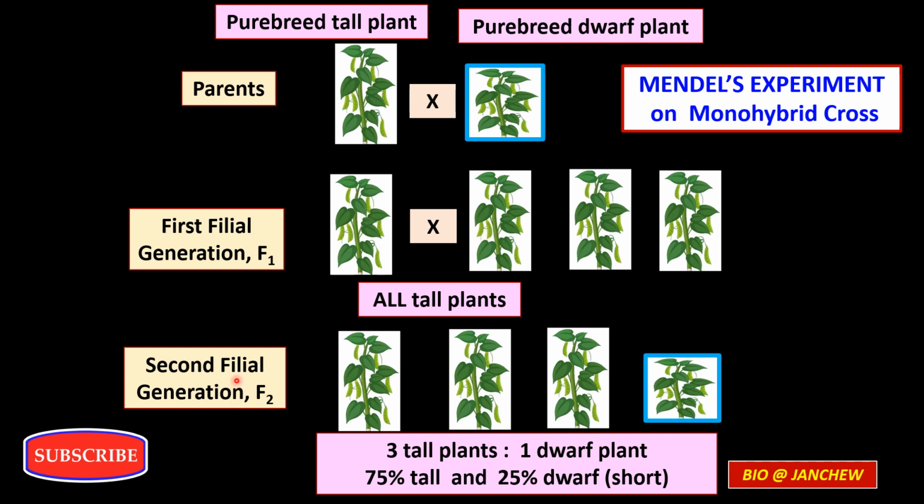The offspring of the first filial generation is the second filial generation, and from all the plants that are produced, the ratio of the tall plants to the dwarf plants is 3 tall plants for every 1 dwarf plant, or 75% of the offspring are tall and 25% of the offspring are dwarf or short.